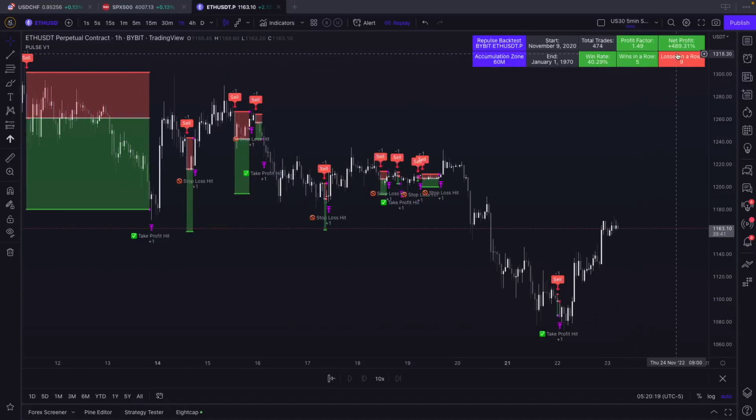We see we actually made even more net profit, but we have one more losing trade in a row. Our win rate is also sitting around 41 to 42%, and we took 74 trades more than we did on Bitcoin.